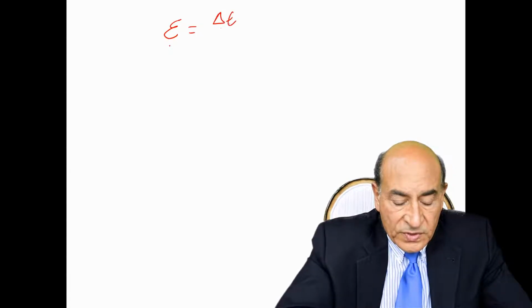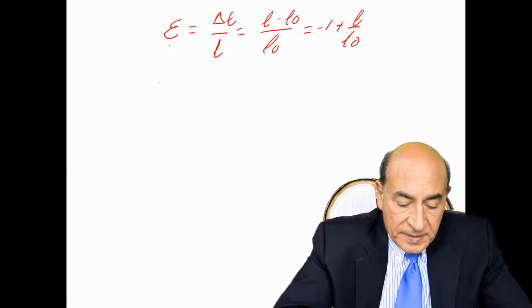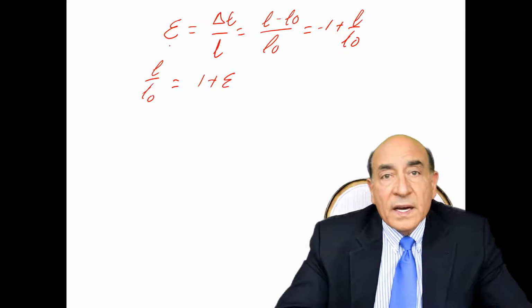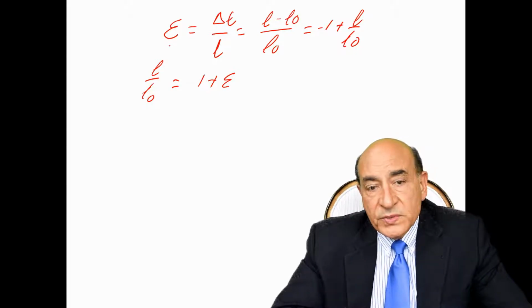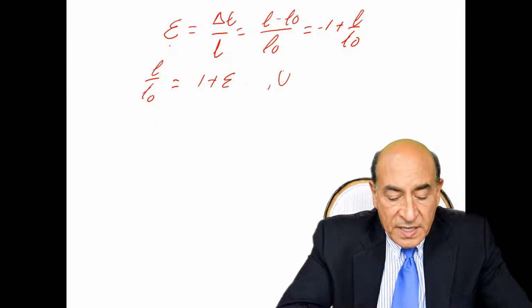If I look at, for example, we defined epsilon as equal to delta L over L0, which is (L minus L0) divided by L0, and this is L over L0 minus 1, and therefore we find that L over L0 is 1 plus epsilon. So that's the first relationship that we would need, and we figured that sigma is equal to just P divided by the original area.